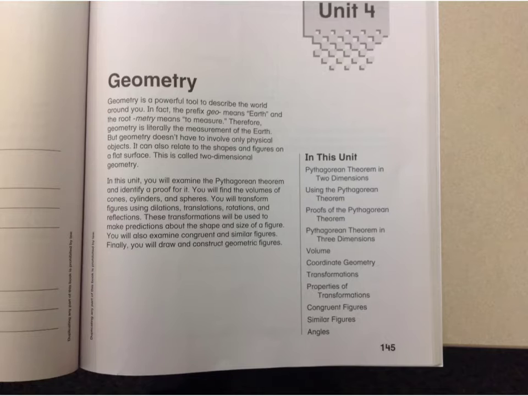Our goal is to use the Pythagorean theorem to prove that triangles are right triangles. Also, we will use the Pythagorean theorem to find the missing lengths of sides of right triangles.